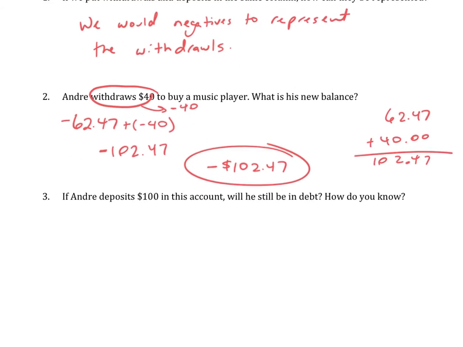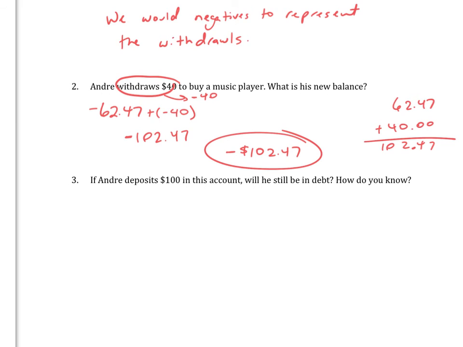Question 3 says, if Andre deposits $100 in his account, will he still be in debt? And how do you know? Well, there's a couple of ways you can think about this. If he's currently at negative $102.47 and he deposits $100, that's adding $100 to his balance.